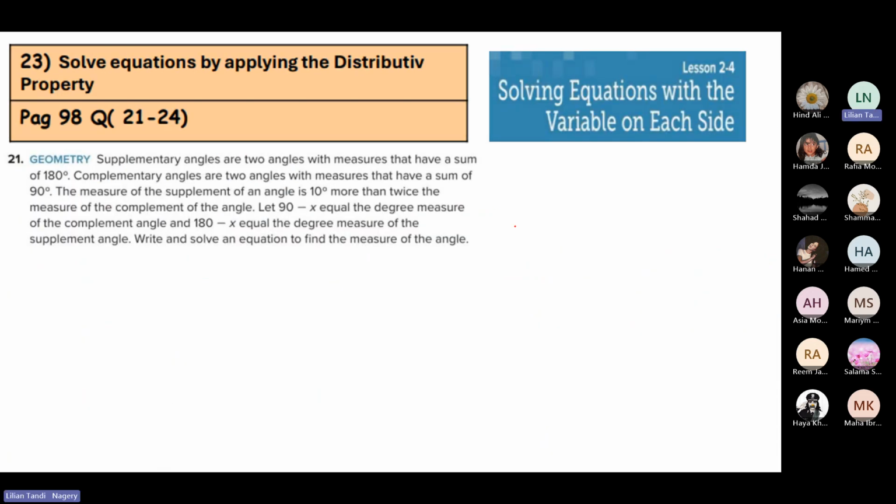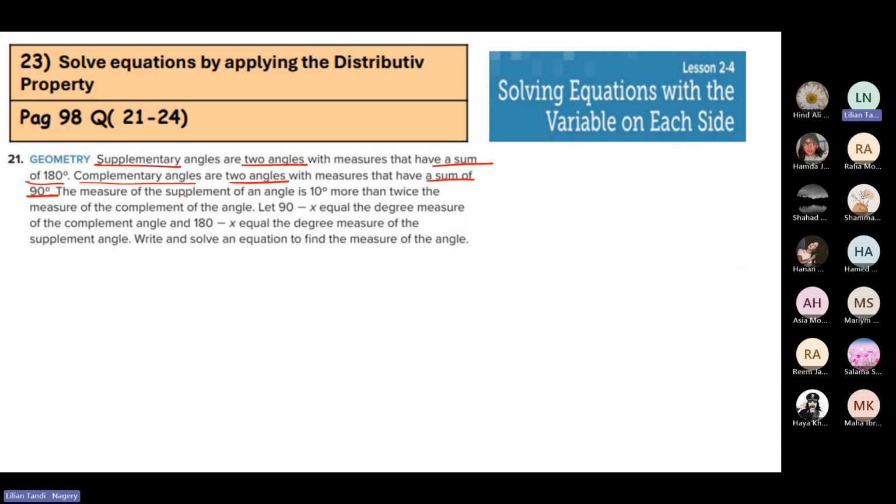Supplementary angles are two angles with measures that have a sum of 180. Supplementary, two angles, sum of 180. Complementary angles are two angles that have a sum of 90.